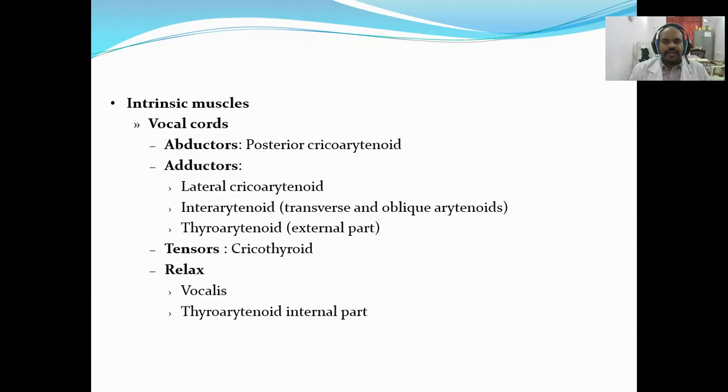Tensors, we have the cricothyroid muscle, which is the important tensor muscle of the larynx. Then we have relaxers, the vocalis and thyroarytenoid muscle, which form the internal compartment. So the only abductor of the larynx is the posterior cricoarytenoid muscle.